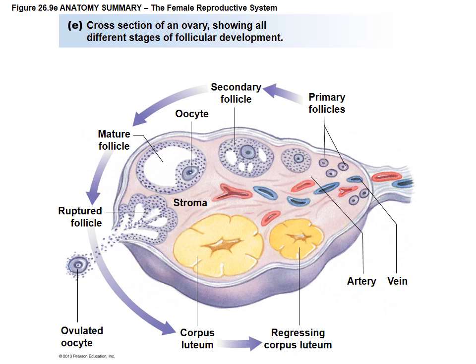Taking a closer look at the ovaries, when we take a cross-section of a single ovary, we see that it's an elliptical structure about 2 to 4 centimeters long, with an outer connective tissue layer, and then the entire central connective tissue framework, which is known as the stroma.